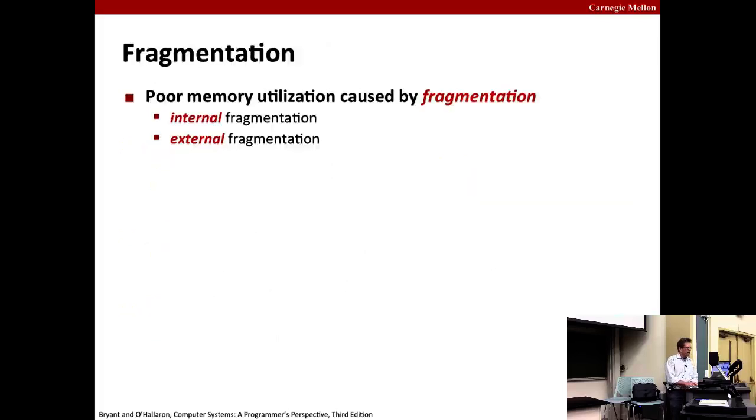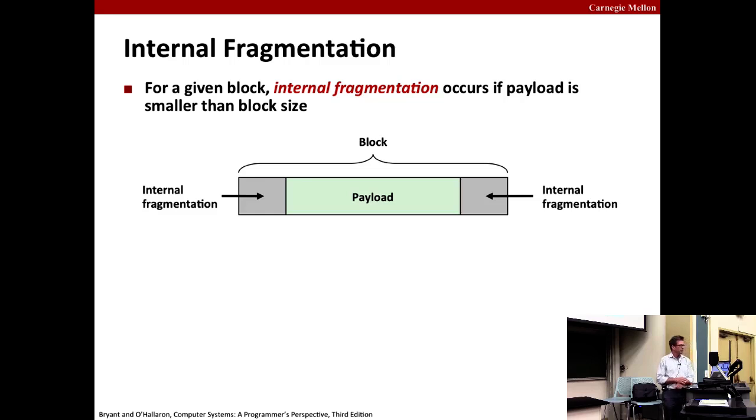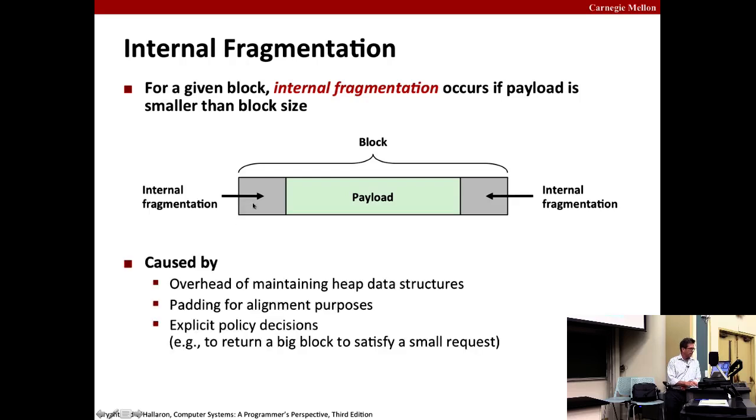Poor memory utilization, like the example we just talked about, is what we call fragmentation, and there are two types. Internal fragmentation occurs if the payload is smaller than the block size. That's what we were just talking about. This can be caused by padding in the block or some kind of data structure in the block that the allocator needs.